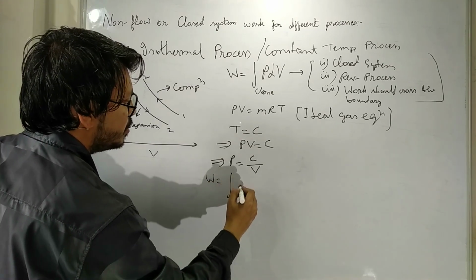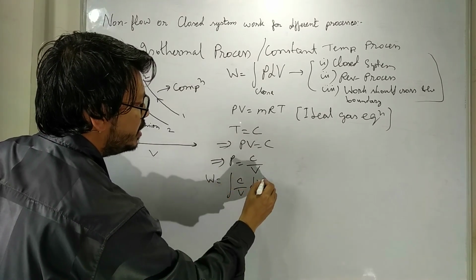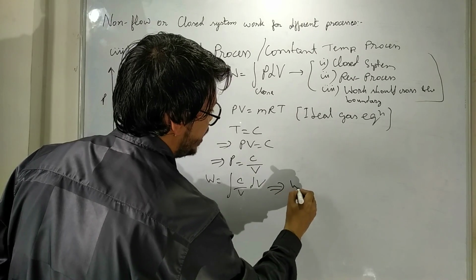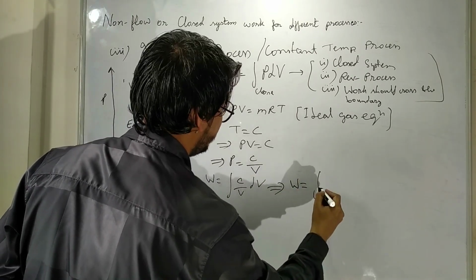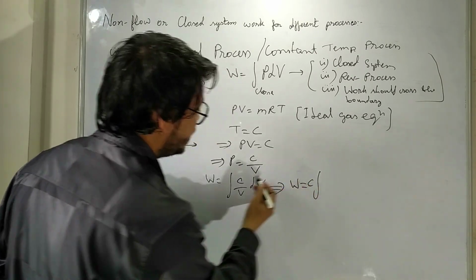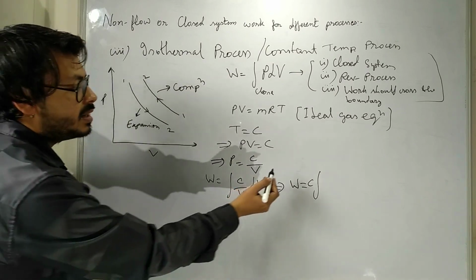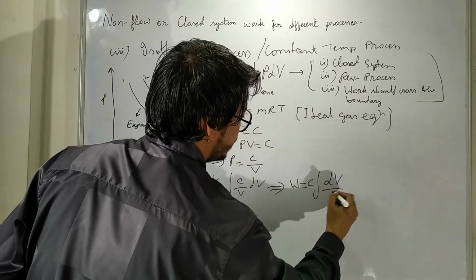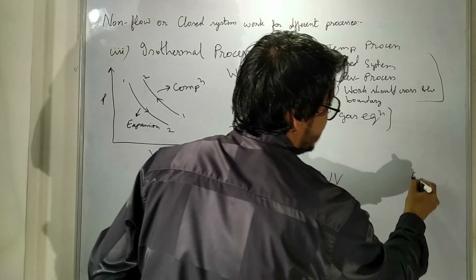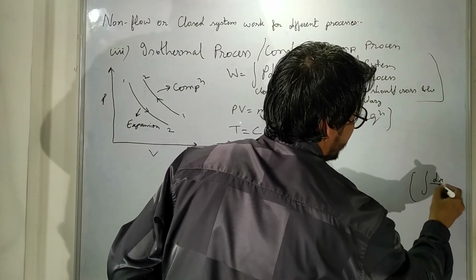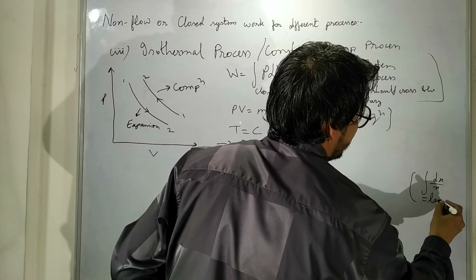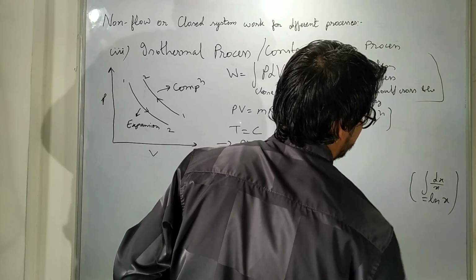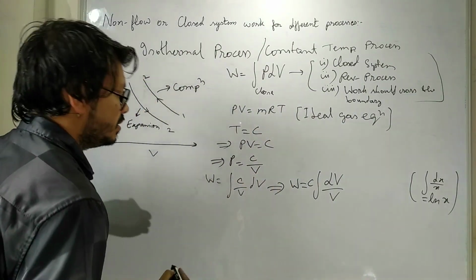This implies W is equal to integration of C by V dV. C will come out of the integration, because C is a constant, so we get dV by V. We know that integration of dx by x is ln x.